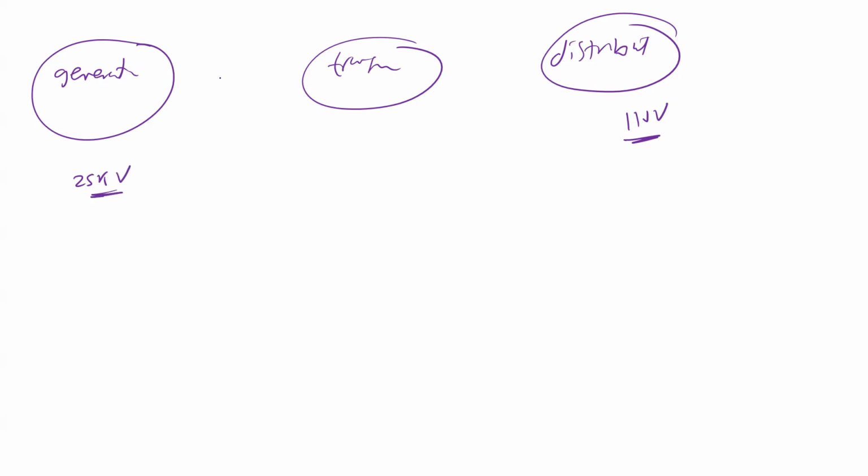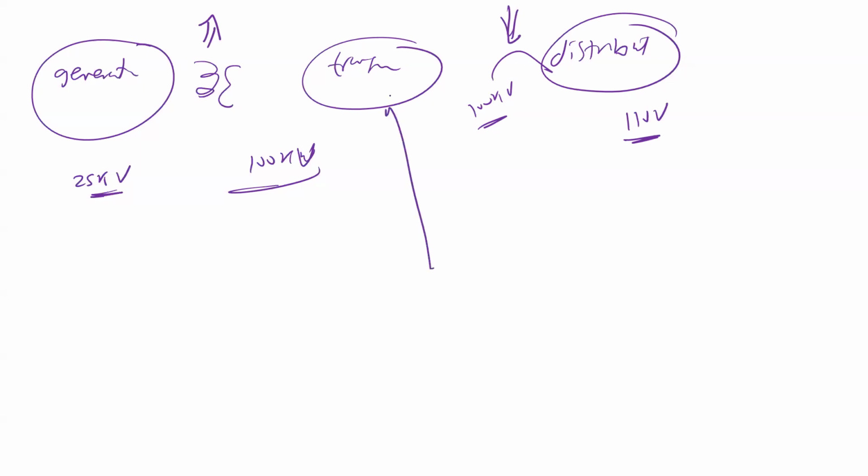Usually we use transformers to increase it to high voltage, for example, 100 kV or whatever. Then we receive the 100 kV and need to step it down. So you increase the voltage here, but you need to reduce it here. The reason we do it this way is just to reduce the losses.